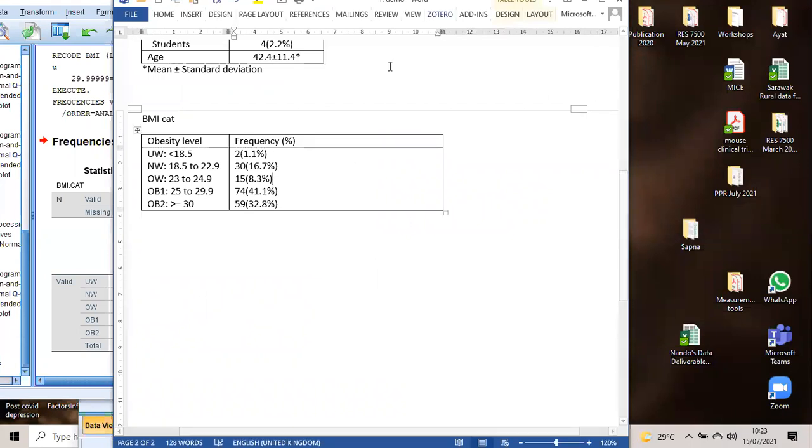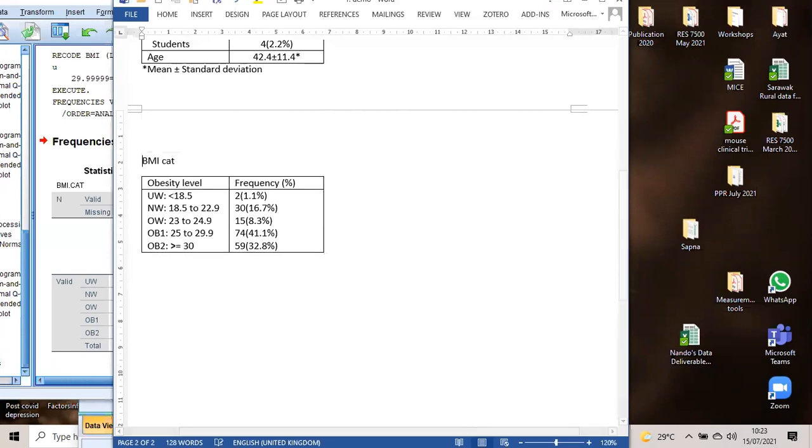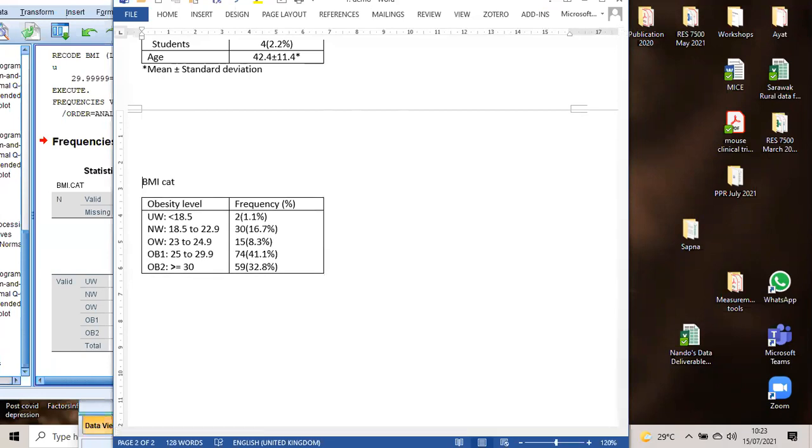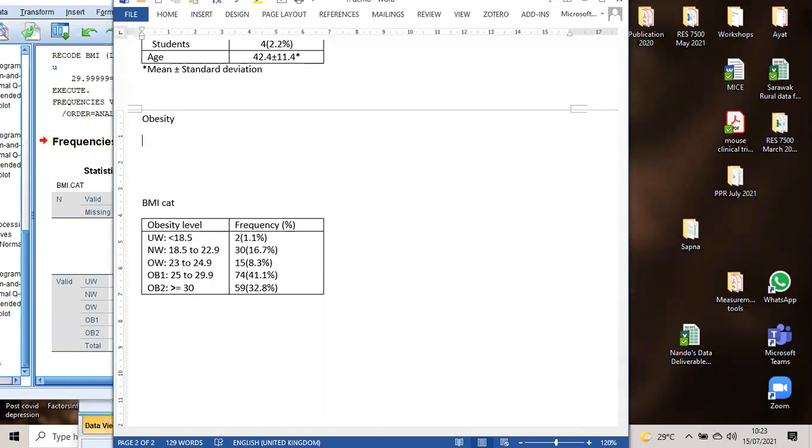After that, you go into the discussion. Don't assume that people know how to calculate BMI. For your obesity, how do you calculate this?